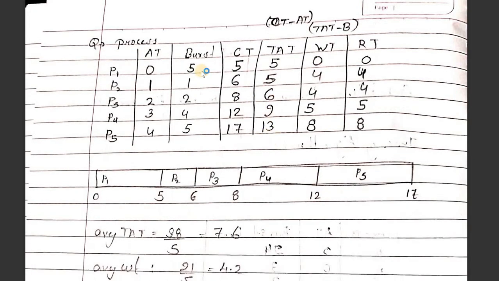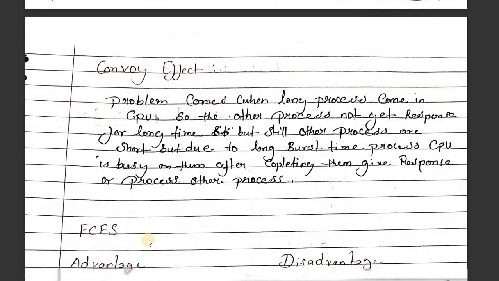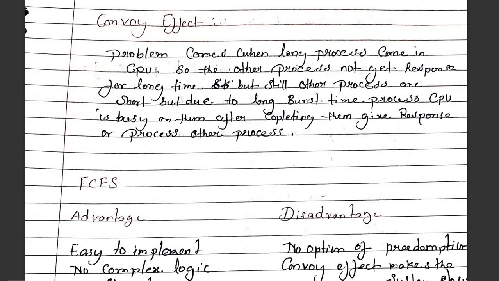Here is a similar type of question, number two. Convoy effect. The convoy effect problem comes when a long process comes into the CPU, so the other processes do not get a response for a long time.